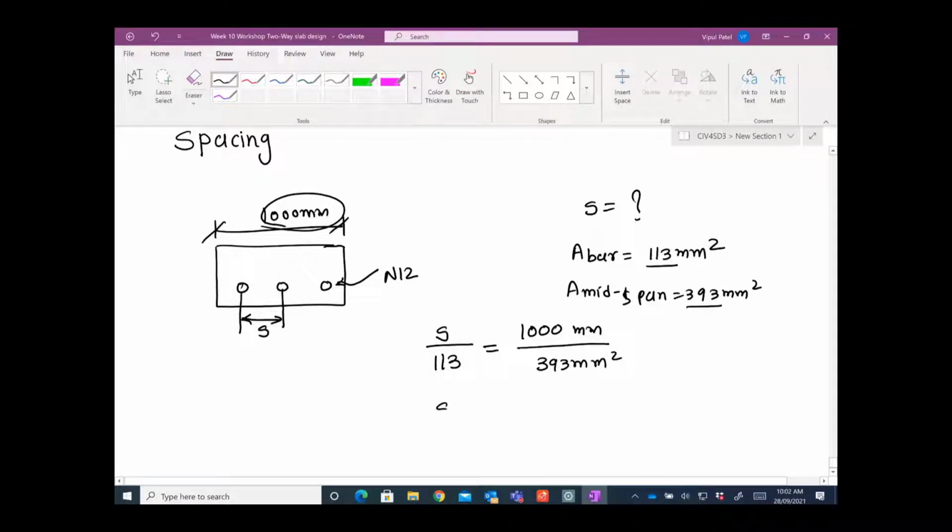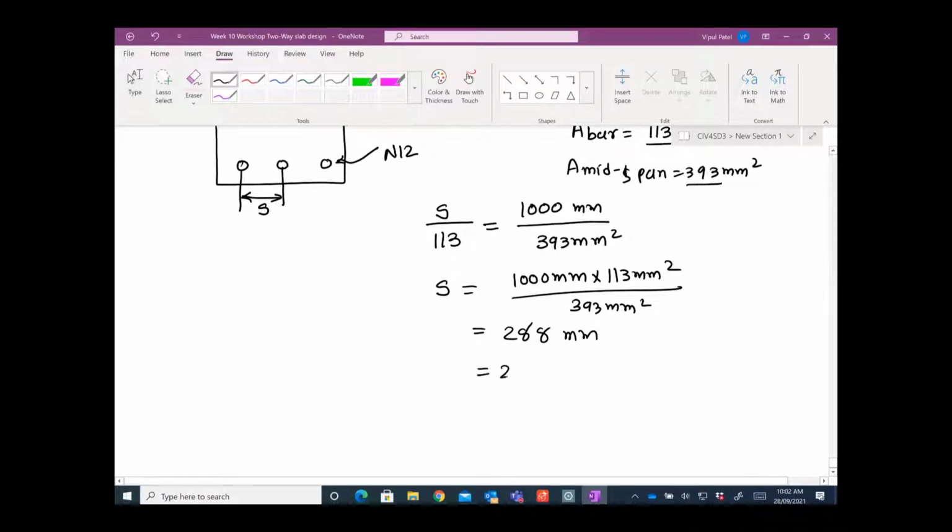So the spacing is 1000 millimeters times 113 millimeters square over 393 millimeters square. 1000 times 113 over 393, you get 288 millimeters.